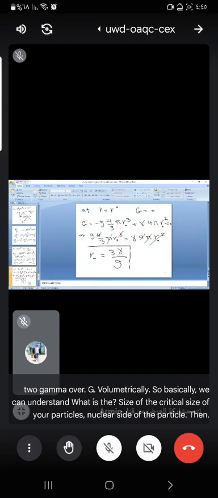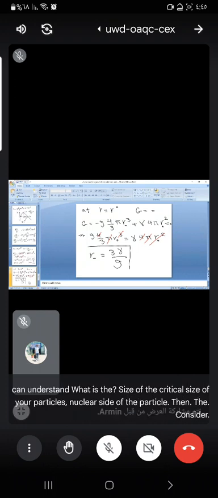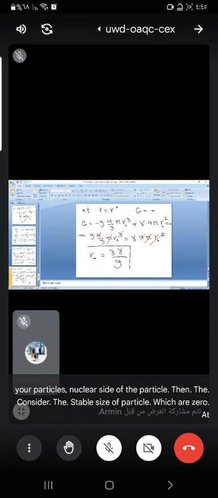Then we consider the stable size of particle, r0. At r0, g equals 0.